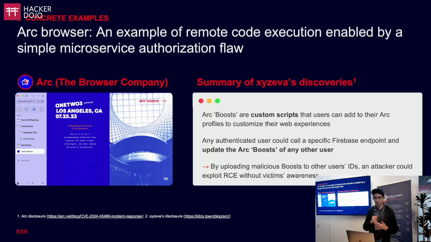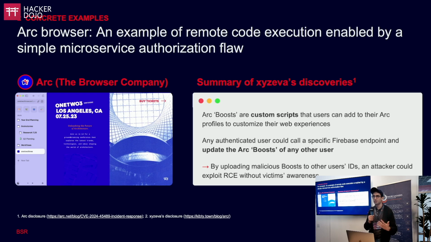Now, this was discovered by a researcher by the name of XYZ Eva. As soon as it was reported, the Arc team began working on this, and it was resolved within 24 hours. But it gives you a sense of where a simple authorization vulnerability can have a very significant impact on a product, particularly something that is intended to be a very high trust product.